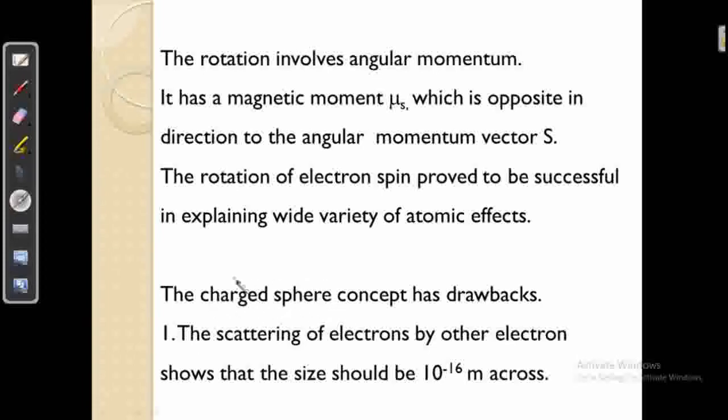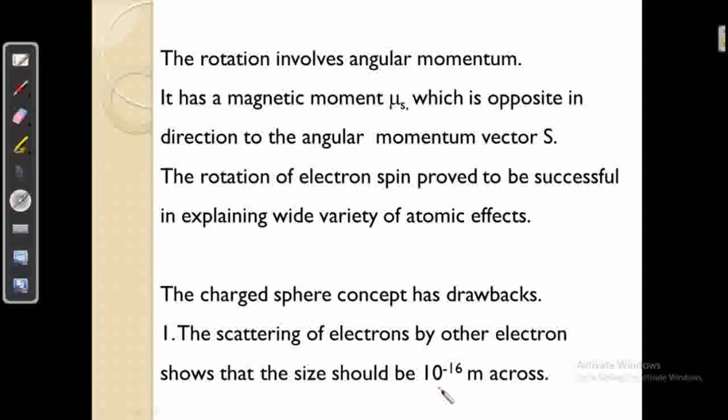We cannot consider the electron as a charged sphere, since one drawback of this charged sphere concept is that the scattering of electrons by other electrons shows that the size should be 10 raised to minus 16 meter. So the scattering experiment shows that the scattering element should have a size of 10 raised to minus 16 meter.